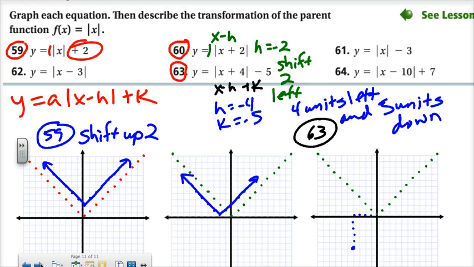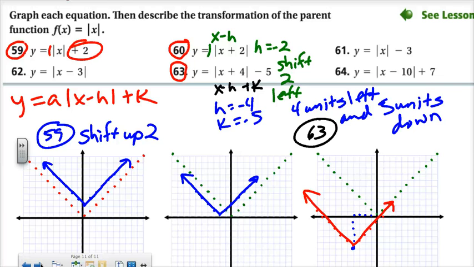But the slope of the right side of my graph is still +1. And then equal but opposite on the other side because of symmetry. And there it is. So good review of graphing absolute value functions. And that will do that.